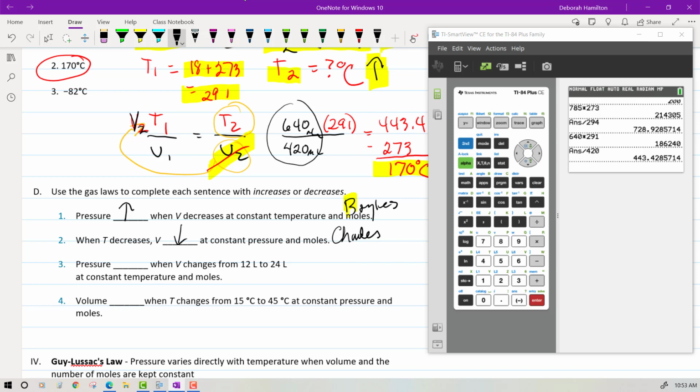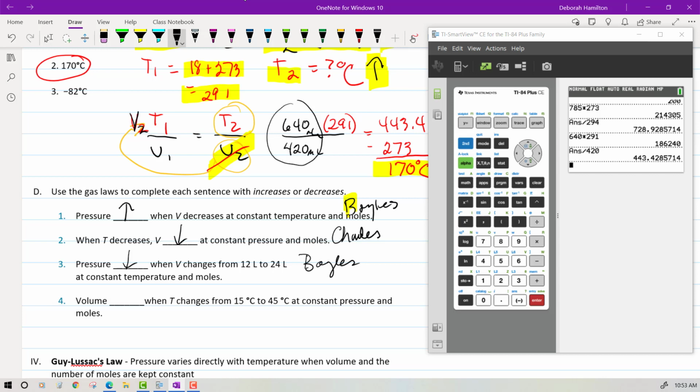Number 3: pressure is decreasing when volume changes from 12 to 24, because the volume is expanding and the molecules are spreading out, so the pressure is decreasing. Again, that's Boyle's law. That's an inverse relationship.